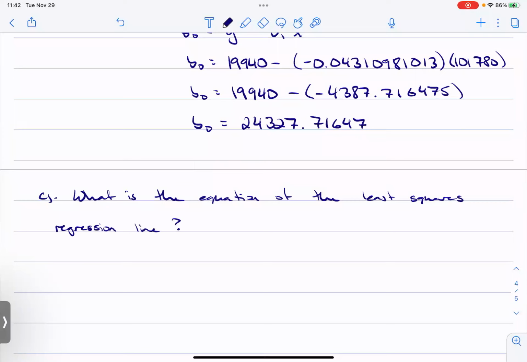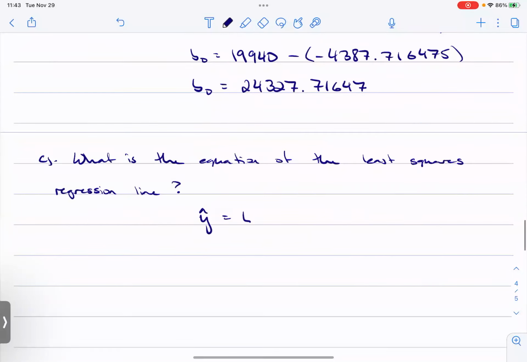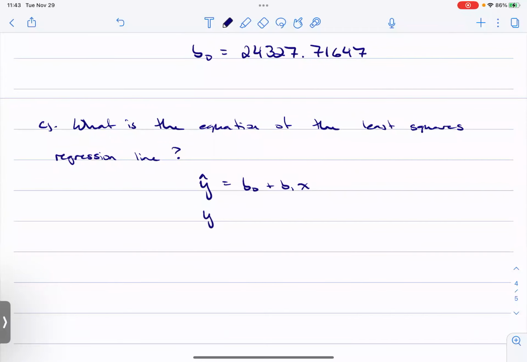On your formula sheet, you will have y hat is b0 plus b1x. Now we just plug in the values that we found, right? And just for later, it might be nice to write out y is the gift aid. Put a hat all over that.